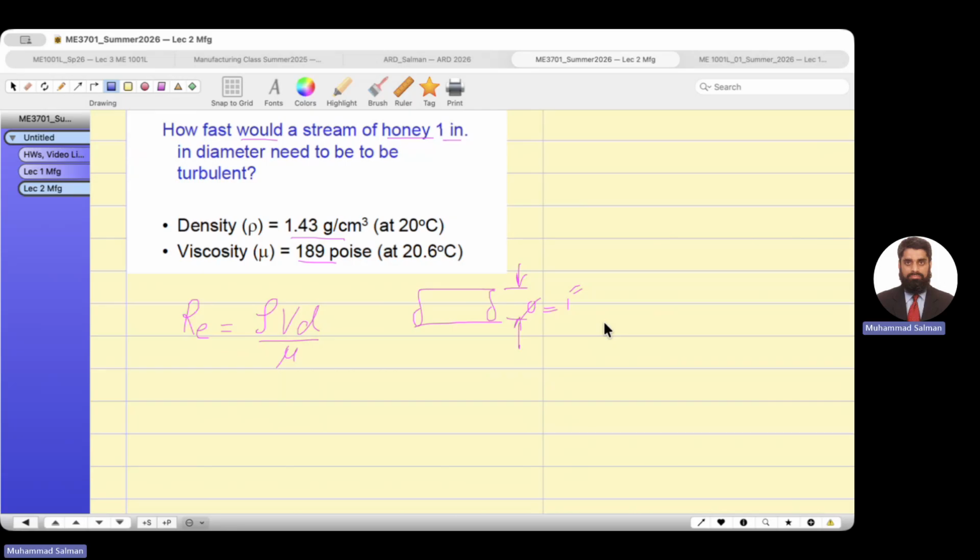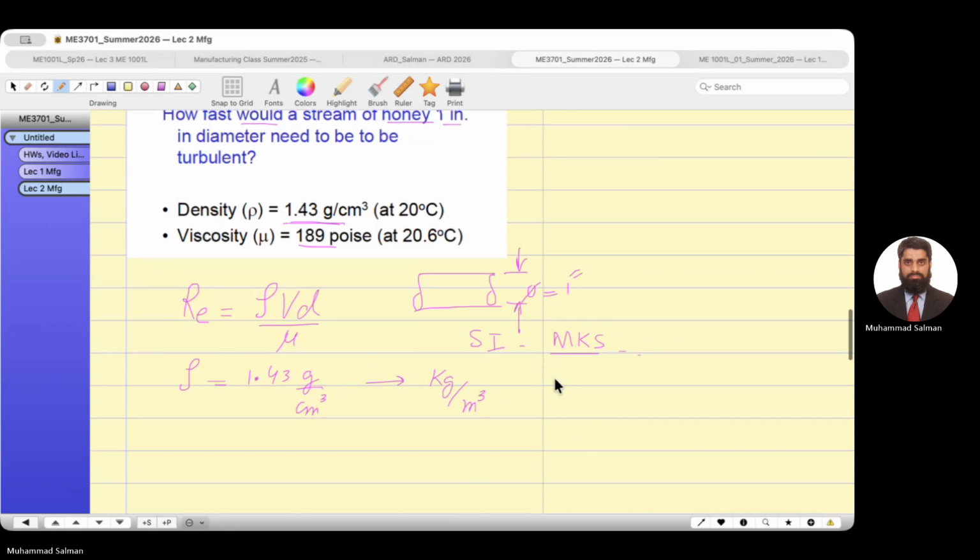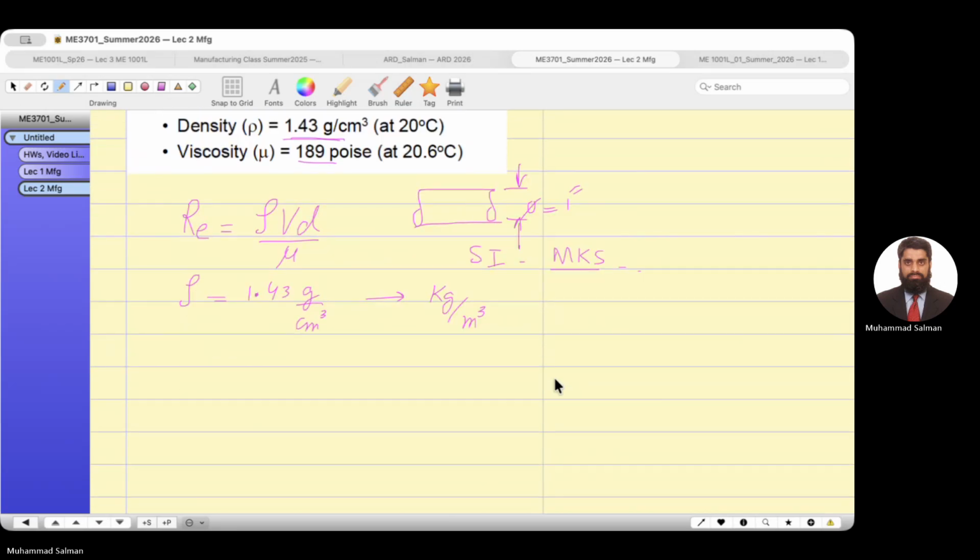First of all, let's do one thing one by one. Can you convert density from grams per centimeter cubed to kilogram per meter cubed? Let's make the units consistent to MKS, the SI system: meters, kilogram, second. What do you suggest?